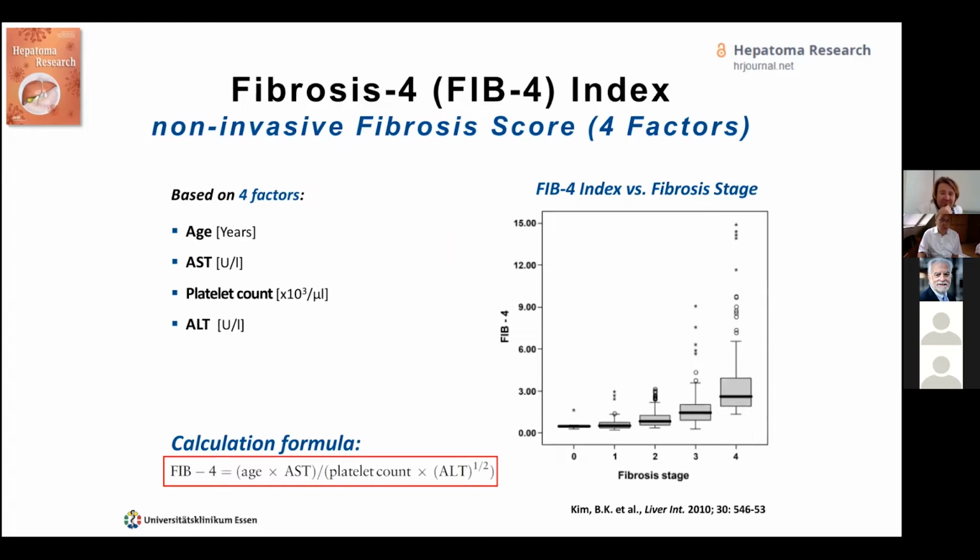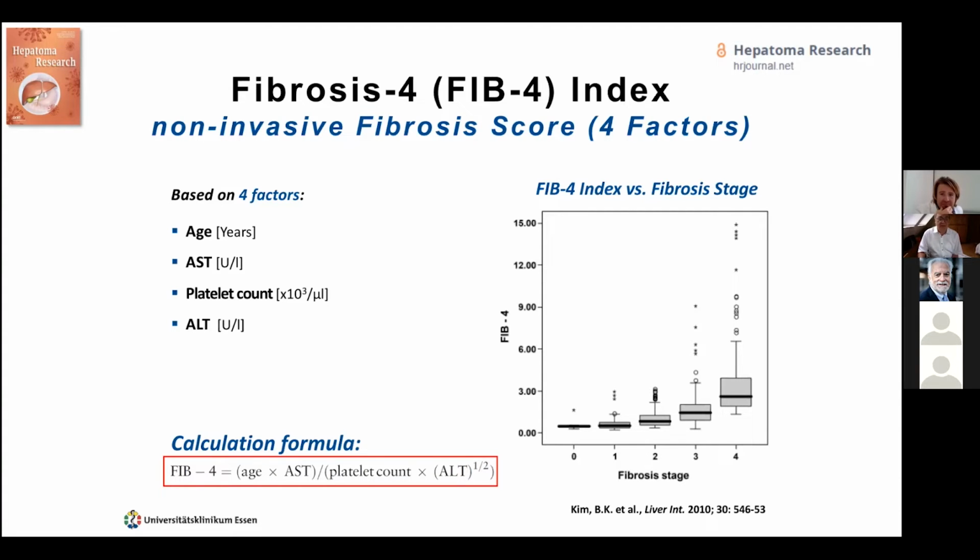We can use nowadays non-invasive fibrosis scores. For example, here is the fibrosis score FIB-4, based on age, thrombocyte, and ALT levels. And we have a good correlation between the FIB-4 markers and fibrosis stage in very early and very late cases.